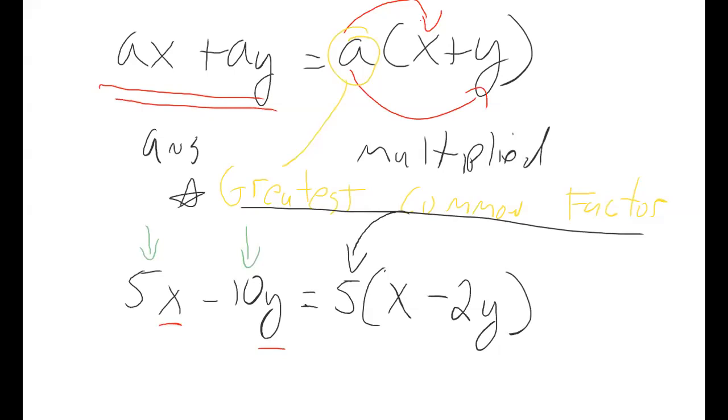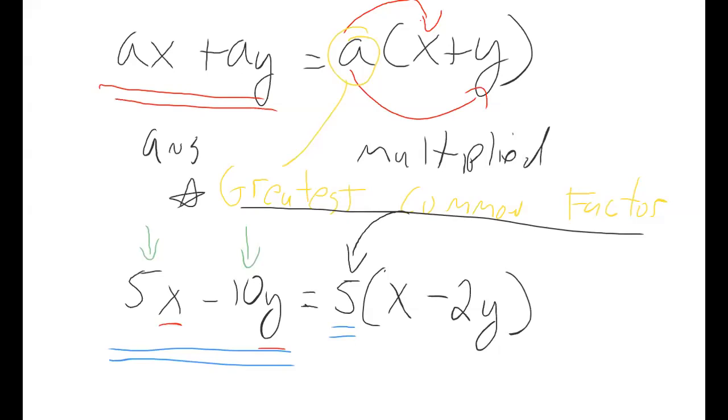So if I gave you this problem on a test and I said factor it, the only thing you can actually do is pull out a 5. There's nothing else you can do right now. But that would be the official answer.